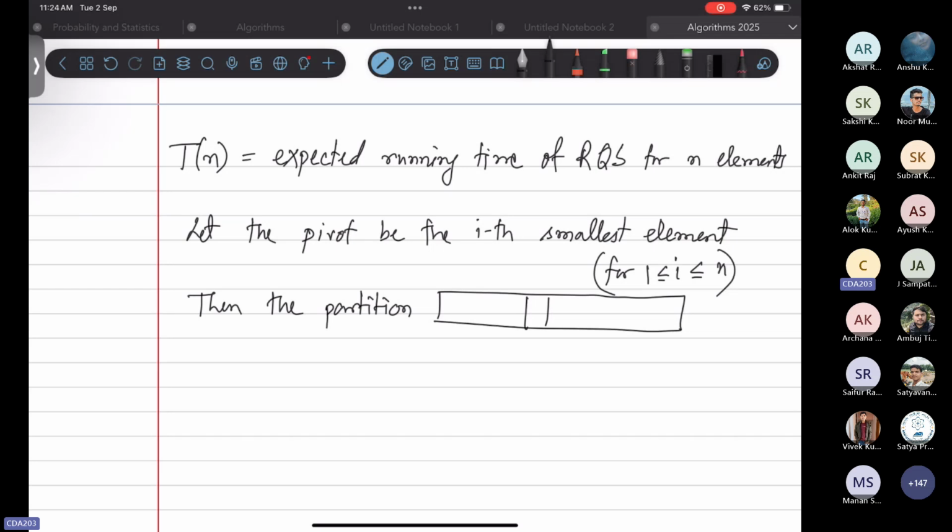Right? So as I know that after this partitioning step, the index of the pivot will be at the ith position. Right? How many elements should be there to the left of it?